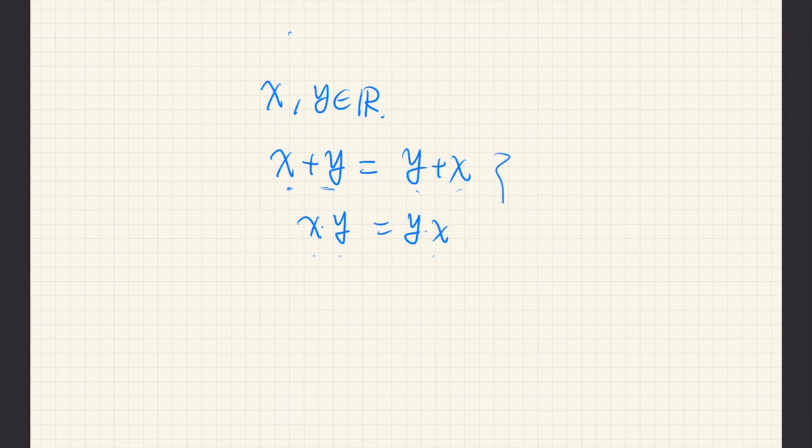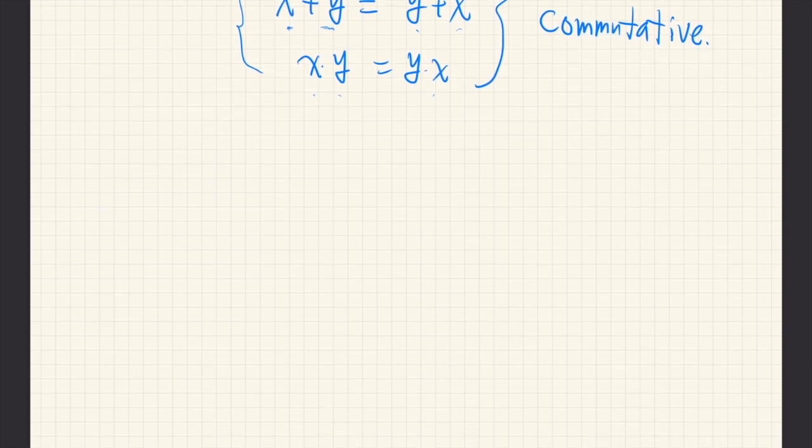And this property is called commutativity, or we say addition and multiplication between real numbers are commutative. Okay? And just like addition and multiplication of numbers, we also have commutativity between union and intersection of sets. So let's see that. We introduce that as a lemma.